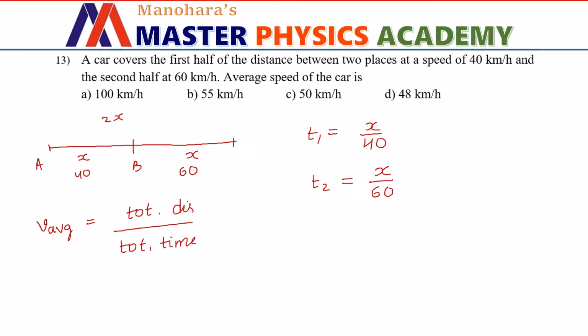So now we have total displacement as x plus x. Total time, that is T1 plus T2, is x divided by 40 plus x divided by 60. Substituting, simplifying, we get the average speed of the car as 48 km per hour. Option D is the right choice.